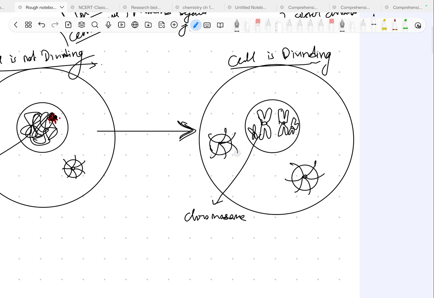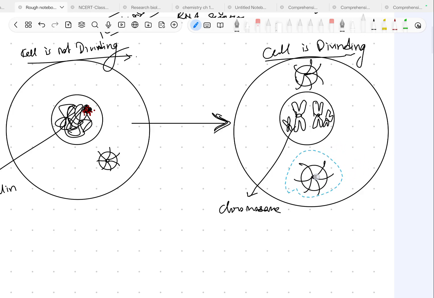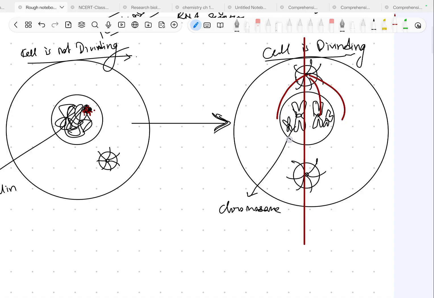In the metaphase, which I will tell about, which occurs in cell division, in the M phase, this pole will come here and this will come here, in a central axis, and here the division takes place. The nuclear membrane disintegrates and this forms the spindle fiber. I will tell about it.